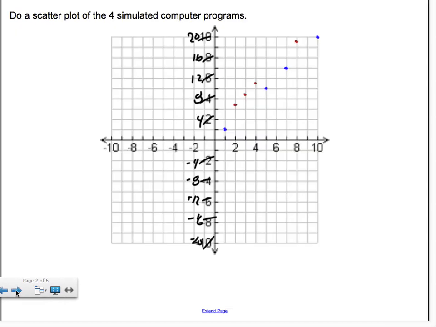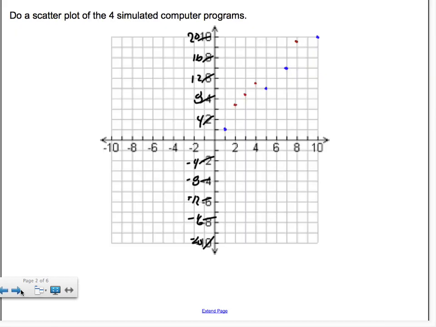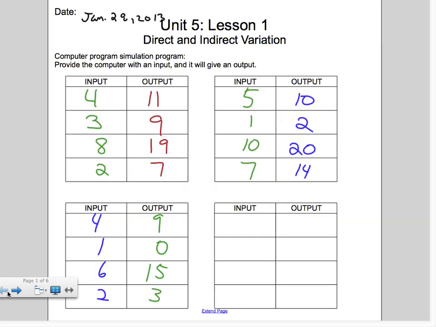Somebody read them out for me. 4, 9, 1, 0. So 4, 9 is here. 1, 0 is here. 6, 15.